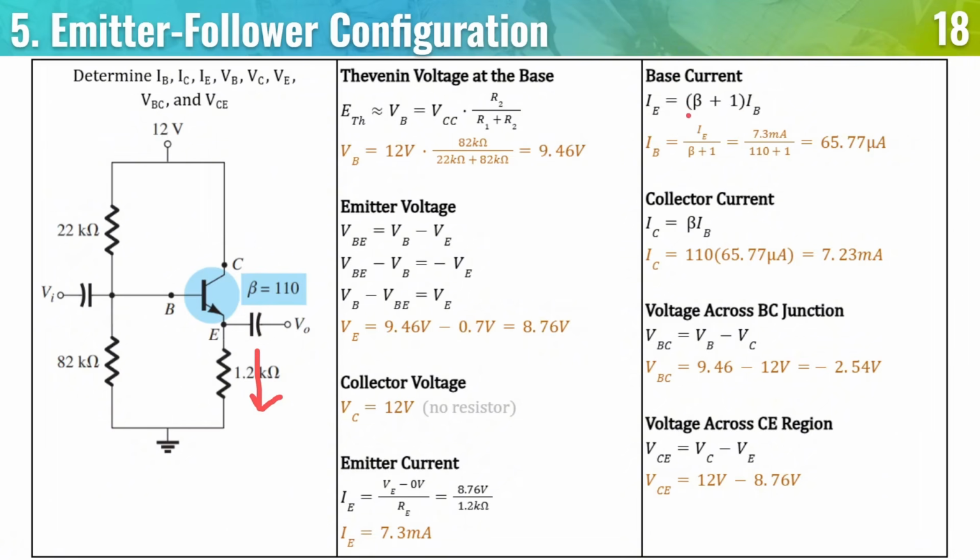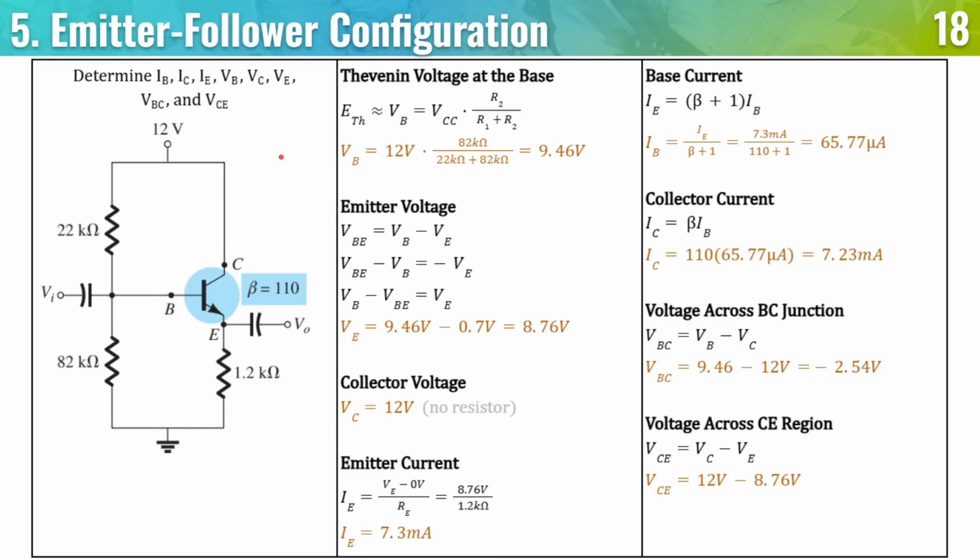IE is equal to beta plus 1 times IB, so IB is equal to IE over beta plus 1. Substituting our values, we get 65.77 microamperes. The collector current is beta times IB, so this is going to be 7.23 milliamperes.